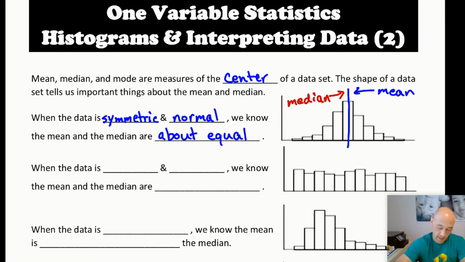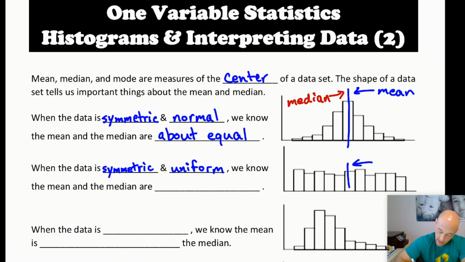When the data is, and if we look at this, we can see again that that is symmetric, right down the middle there. So we can say when the data is symmetric and when we have flat data like that, we say that it is uniform. So when the data is symmetric and uniform, we know the mean and the median are again right about there.